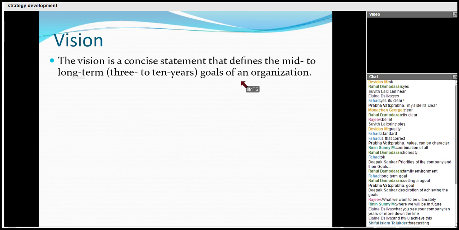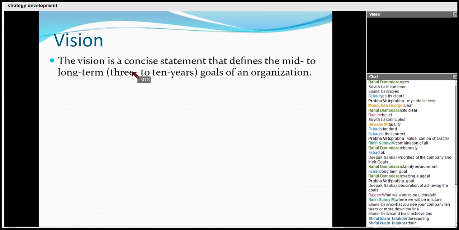It can be 3, 4, 5, but I'm not saying 3 is the minimum. You can still have a vision for 2 years. But again, it's always long term. It could be 4, 5, 6, 7, but it's always good to keep it between 3 and 10. This is not a dogma. You can change it, but it's advisable. Most visions are for 3 to 10 years.